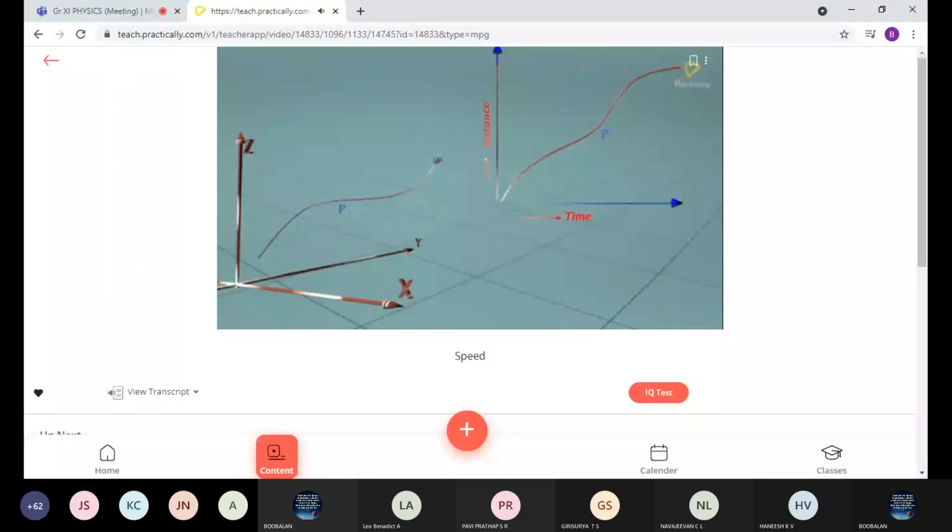Point P of s, t, on the graph indicates that the object has traveled a distance s in time t. Slope of the graph at any point on the graph is ds by dt, but ds by dt is instantaneous speed. Hence, the slope of distance versus time graph gives instantaneous speed.